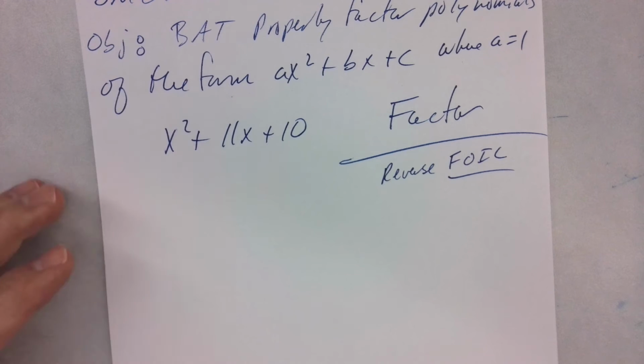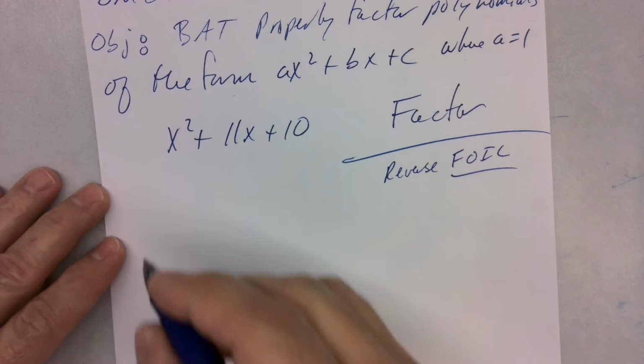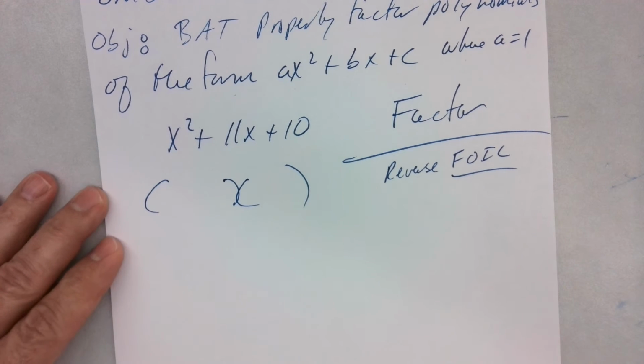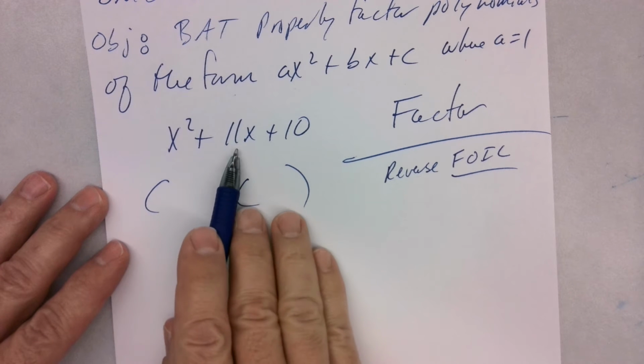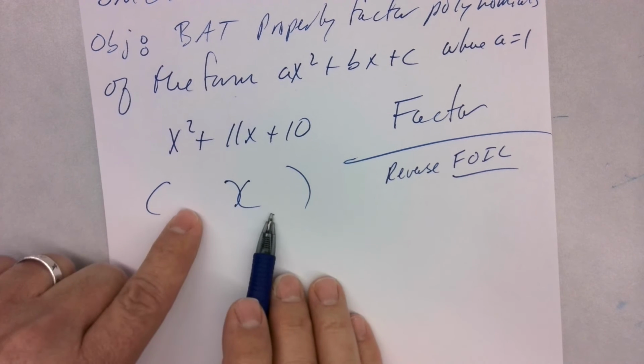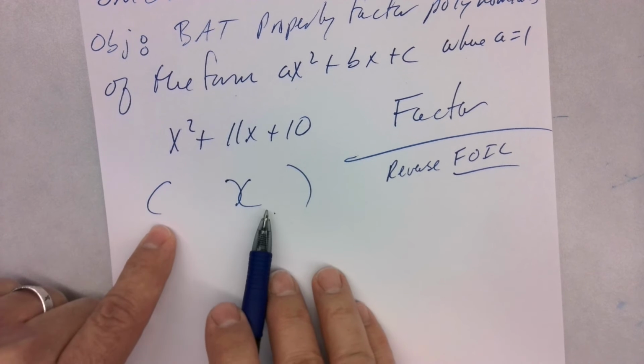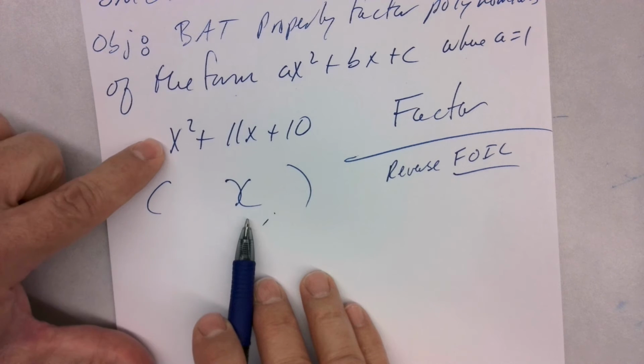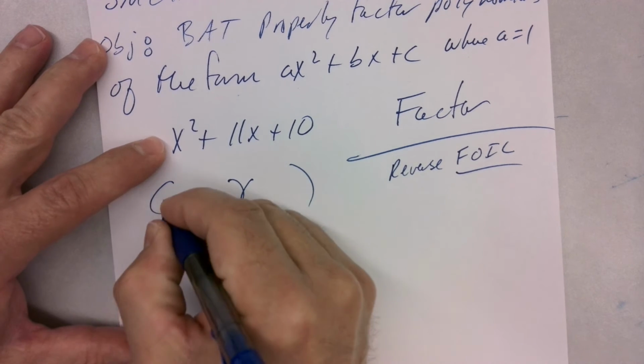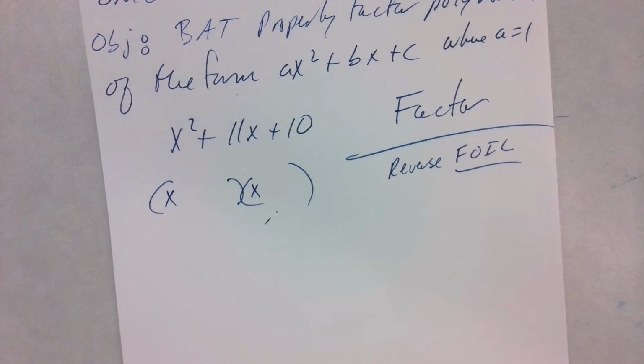Okay. Now, this is what you do. It's really easy. You write 2 sets of parentheses, just like we did. This is a trinomial. I'm going to turn it into 2 binomials. Right? Now, what 2 things can I multiply together and get x squared? X times x. I write an x and an x. Now, from here, there's a couple of tricks that they can teach you.